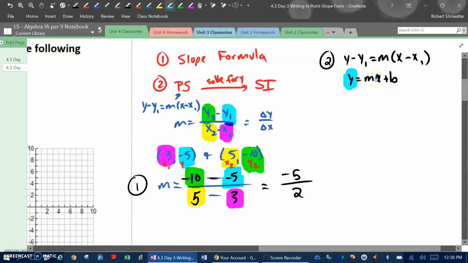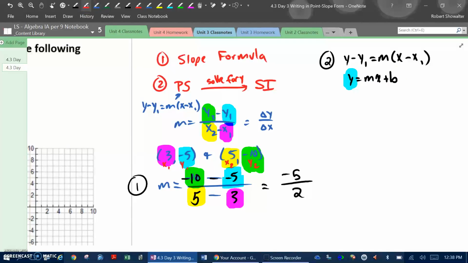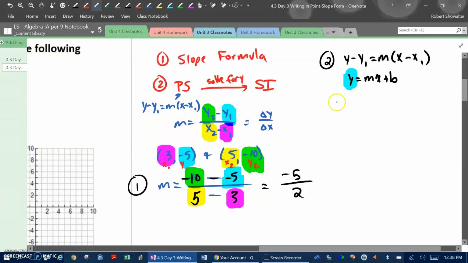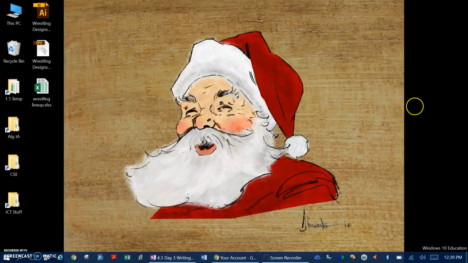We want to isolate the y variable. We want to get rid of all the parentheses and such so that we get it into slope intercept form. Notice how the x term is written first, and then the constant term is written second. So if we have an example here, say y minus 5 equals -3/2 times parentheses x plus 4.